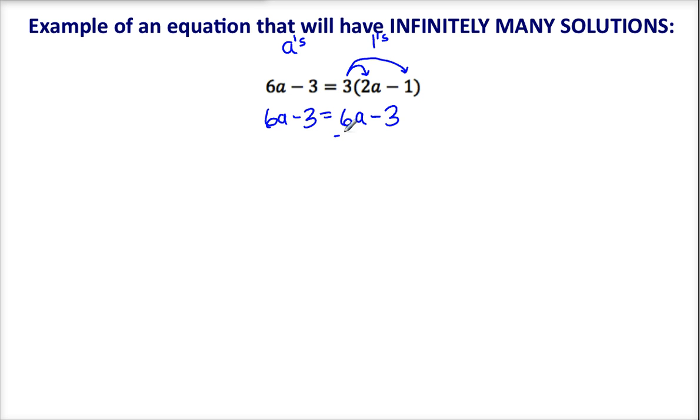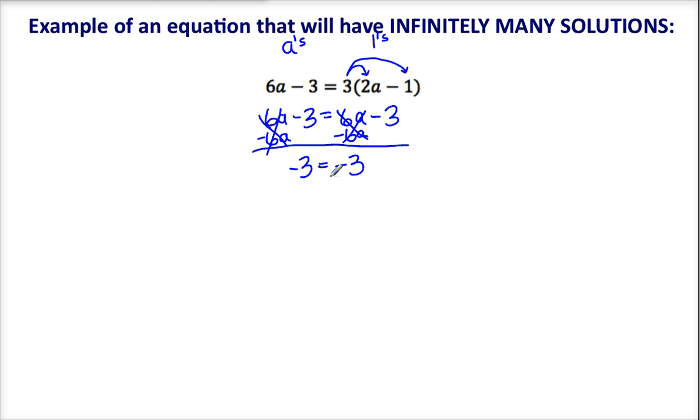So we subtract 6a on both sides to keep things balanced. 6a minus 6a is 0, but we still have the negative 3. Now we're left with negative 3 equals negative 3.